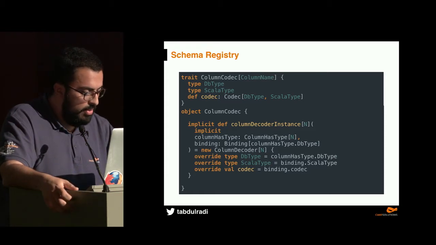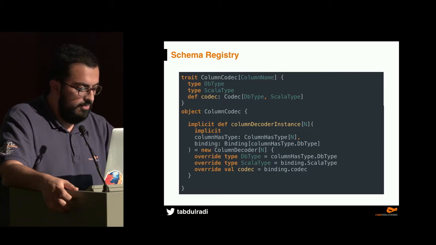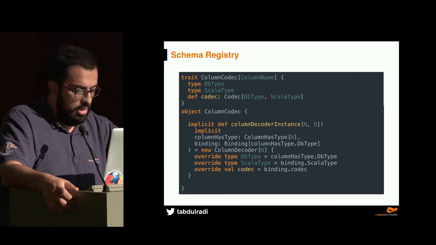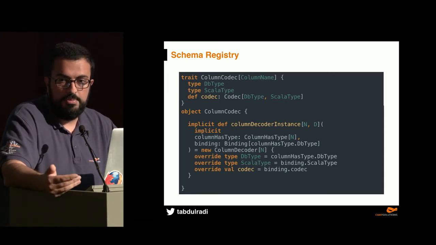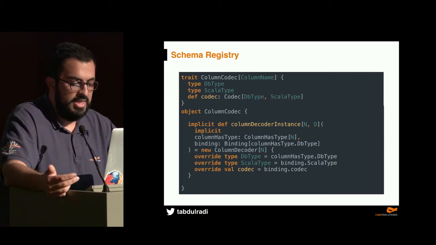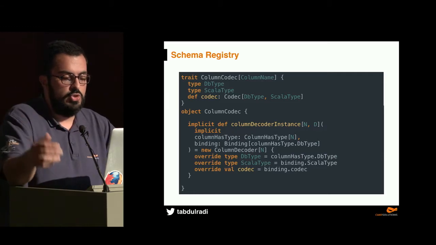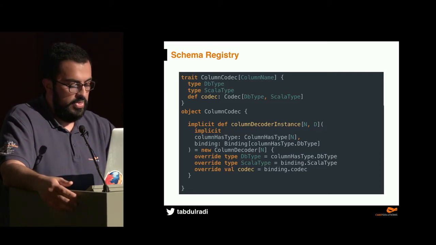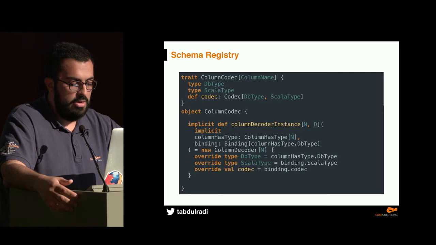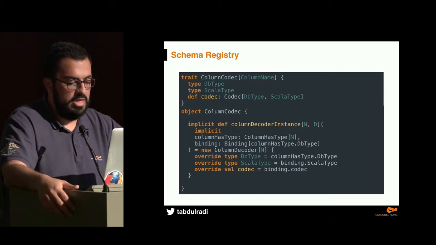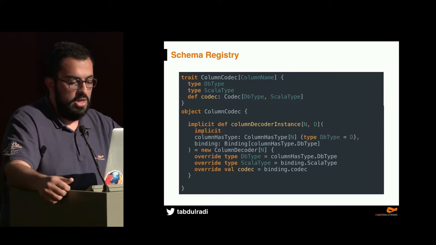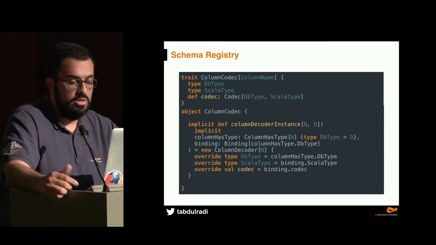Luckily, there is a workaround that has been used by developers for years now. The workaround is you introduce another type parameter, basically an alias that refers to the DB type. Then we're gonna convince the compiler that this d should be the DB type inside ColumnHasType for the name. This is called type projection.